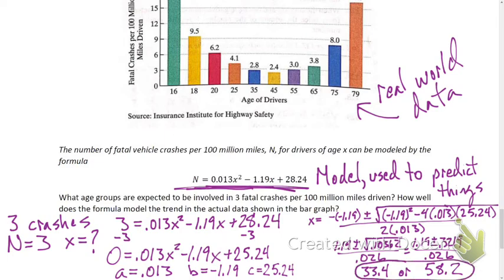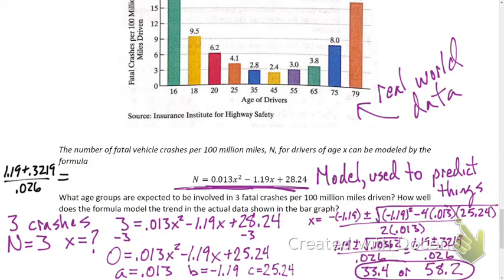By the way, where could I write this? This fraction right here, I see people mess this up all the time. If this is your fraction, be careful on the calculator.